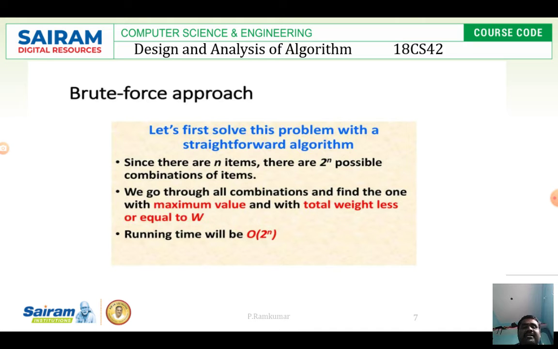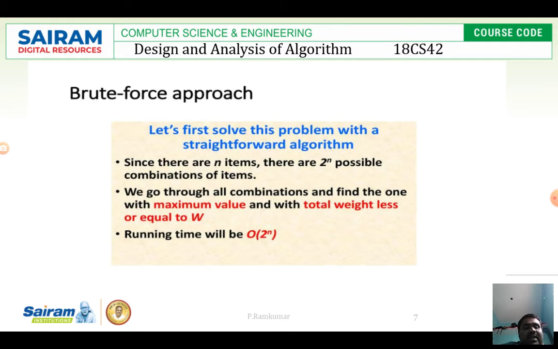Since there are n items, there are 2 to the power of n possible combinations of items. For example, if I take 4 items, and I do not consider any of the 4 items, then 0, 0, 0, 0 will be represented. If I consider only the third item, then 0, 0, 1, 0 will be represented.